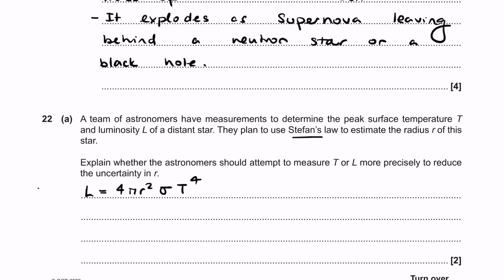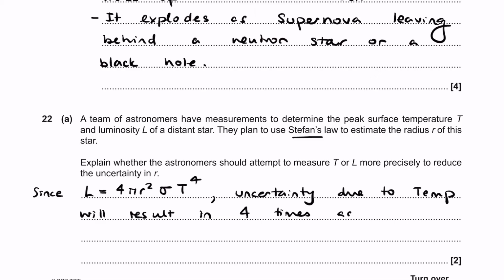So since that's the case, uncertainty due to temperature will result in 4 times as much as due to L, okay, because it's to the power of 4, remember, for percentage uncertainty we always times the resultant by 4, whereas L is just to the power of 1, so that's just going to be higher uncertainty due to temperature.